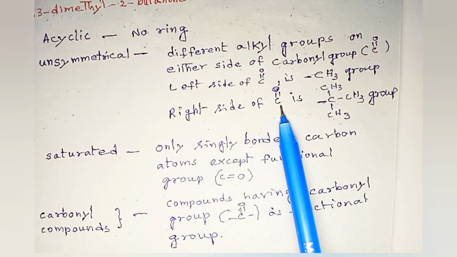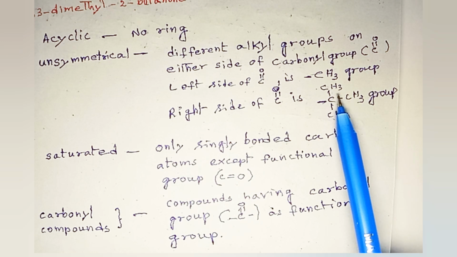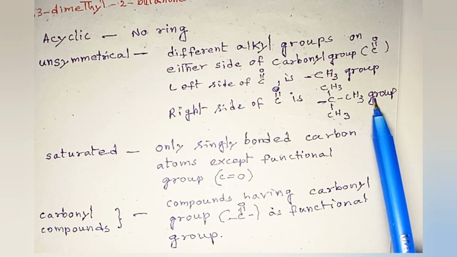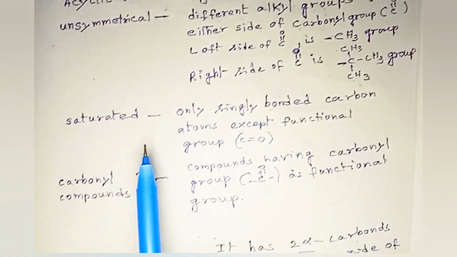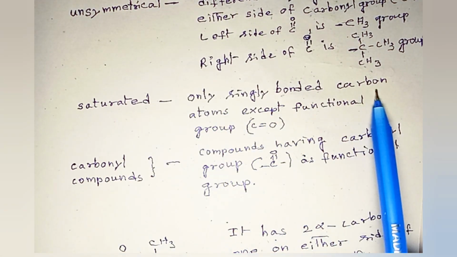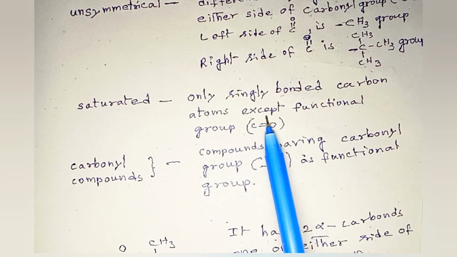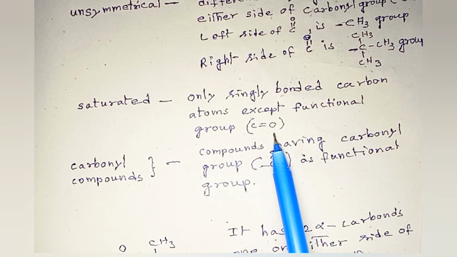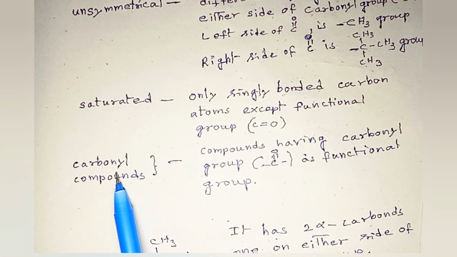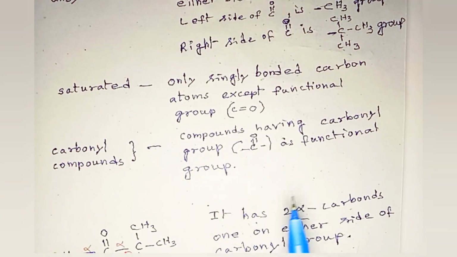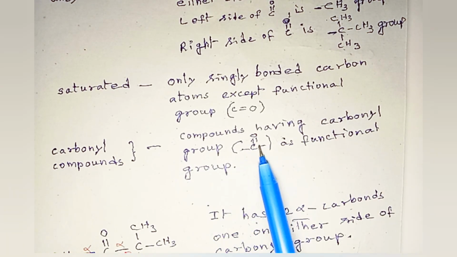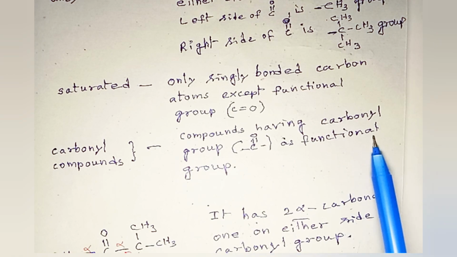On the right side of the carbonyl group is CH3 CH3 CH3 group. Okay, next it is called saturated because only single bonded carbon atoms are present here except the functional group C double bond O. It is a carbonyl compound because it is having a carbonyl group, that is C double bond O as functional group.